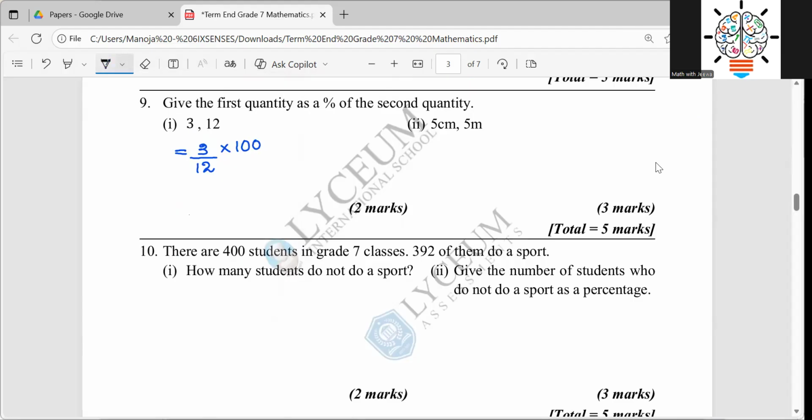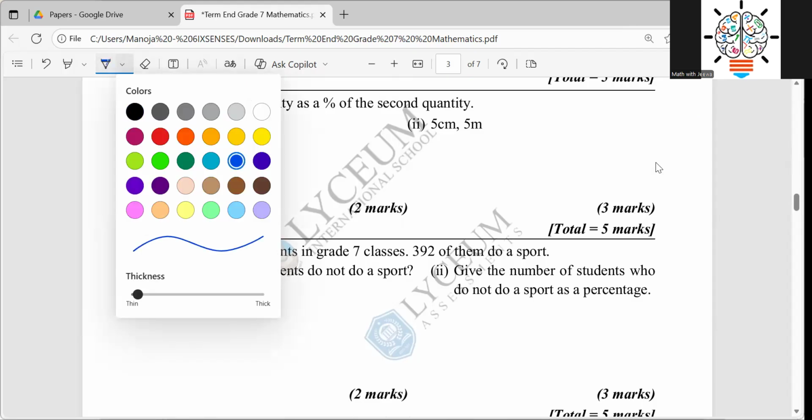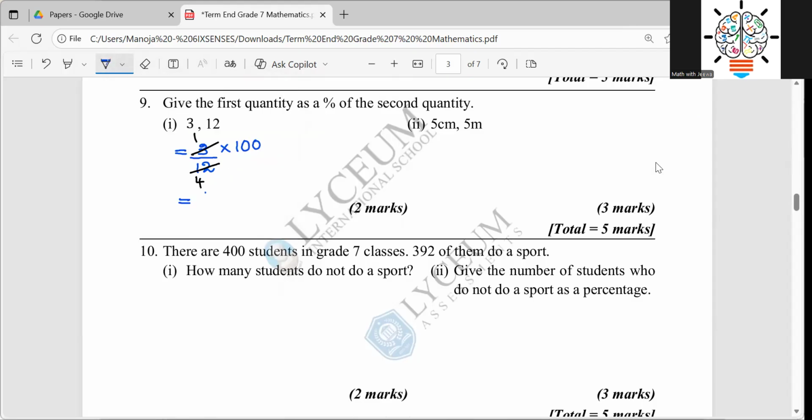So then I can simplify this how 3 times 1 and 3 times 4, right? After that we can get 1 times 100, it is 100, and then this is 4. What is the answer? It is 25. So it should be a percentage, 25%.